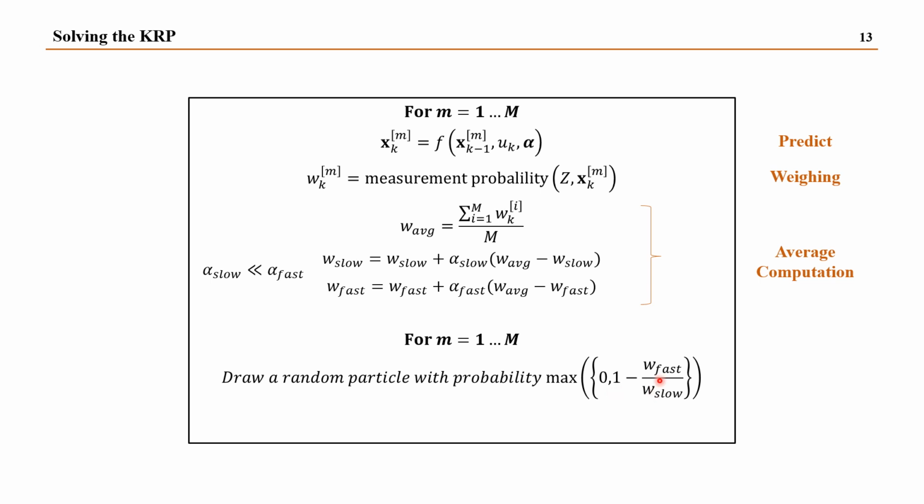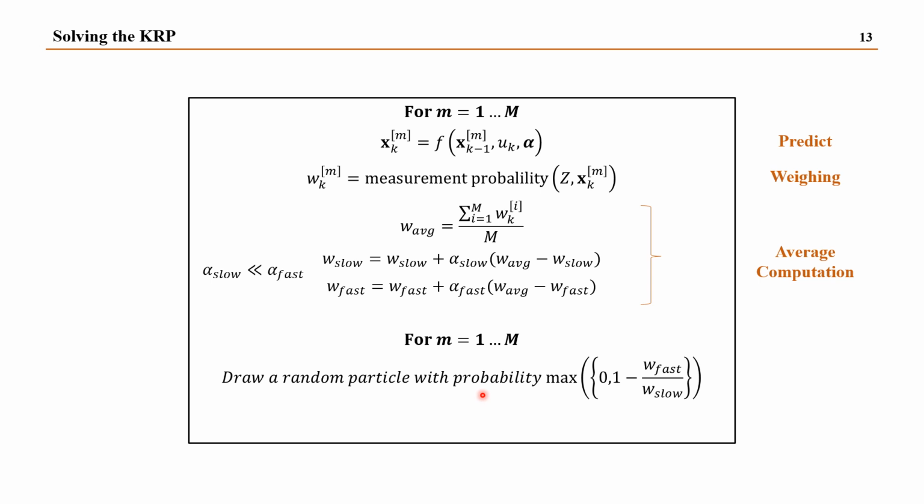Now, as we mentioned, when we suspect that there is failure, omega fast would be considerably lower than omega slow, which would mean that this expression right here would be super close to 1, meaning that we are going to start drawing random particles with a higher probability. On the other hand, when omega fast is bigger or equal to omega slow, then we're going to have 0 probability and there will be no random particles.